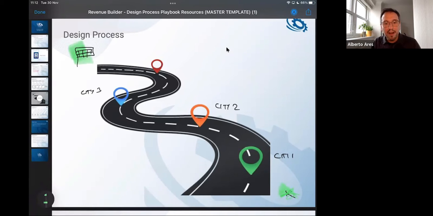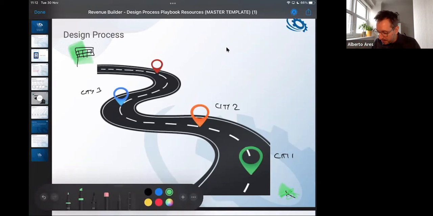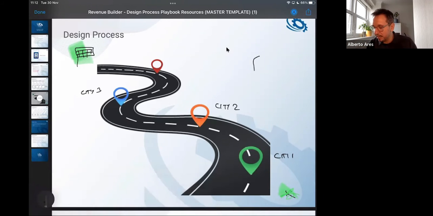Yeah, where along that journey you are right now. And it will also give you specific directions that you need to take to get to the second city or point of interest as soon as possible. Things like, make a right, make a left, go around the roundabout, whatever that may be.